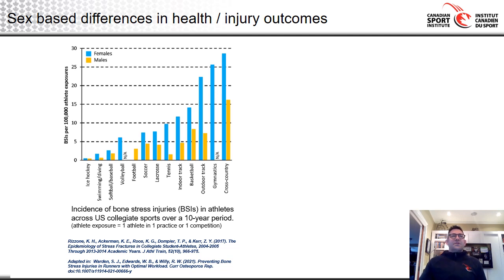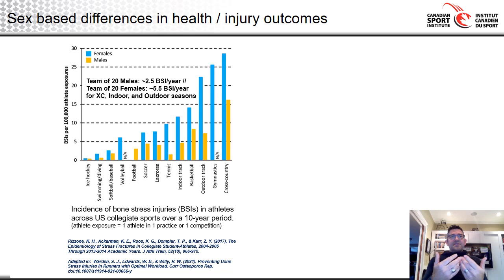I have made some calculations to put this athlete exposure number into perspective. And basically, if you had a team of 20 male middle to long distance runners that did cross-country, indoor, and outdoor track, this incidence exposure rate would be something like 2 to 3 stress fractures per year in a team of 20 men, but it would be 5 to 6 bone stress injuries per year in a team of just 20 women.